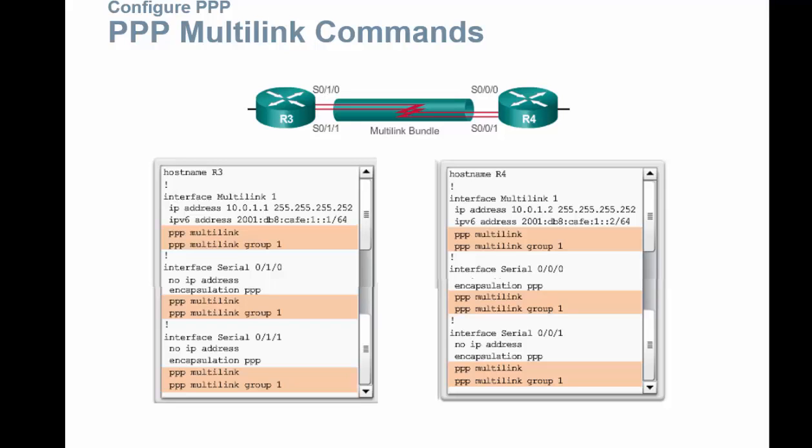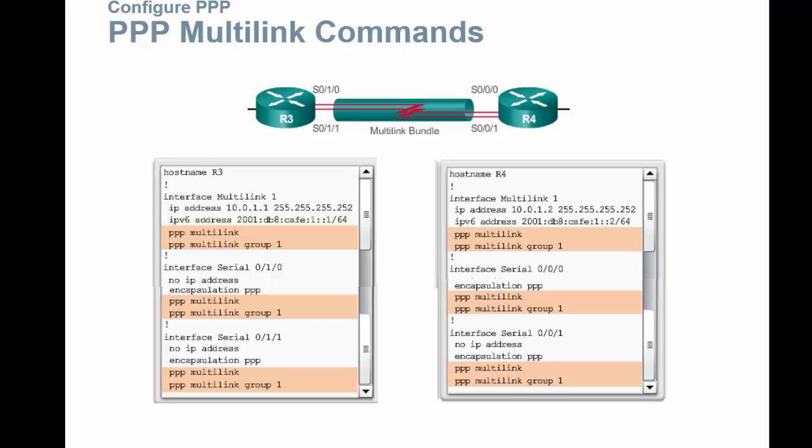Multilink PPP allows packets to be fragmented and sends these fragments simultaneously over multiple point-to-point links to the same remote address, so it's all headed in the right direction.